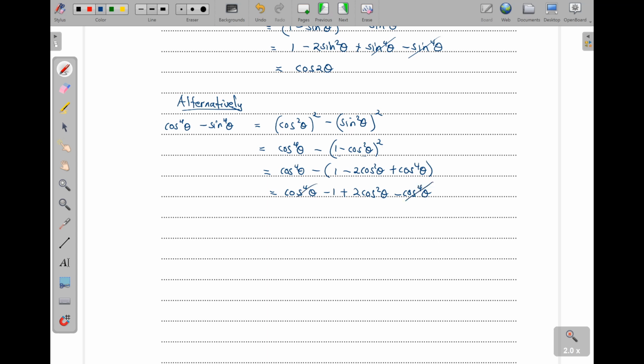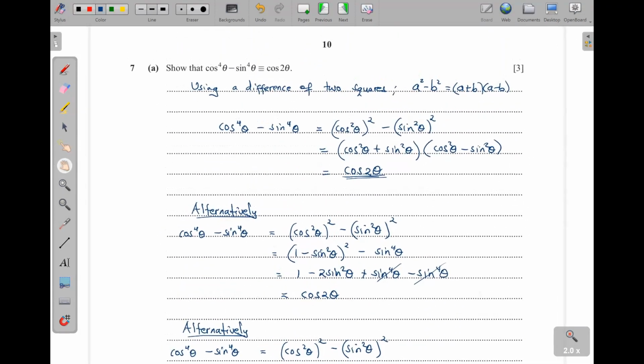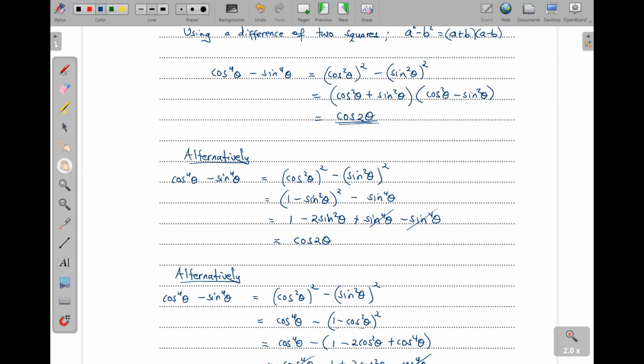You can see this cancels with that, and we remain with 2 cos²θ minus 1, which is the same as cos 2θ. So whichever way, you get the answer, and all are easy.